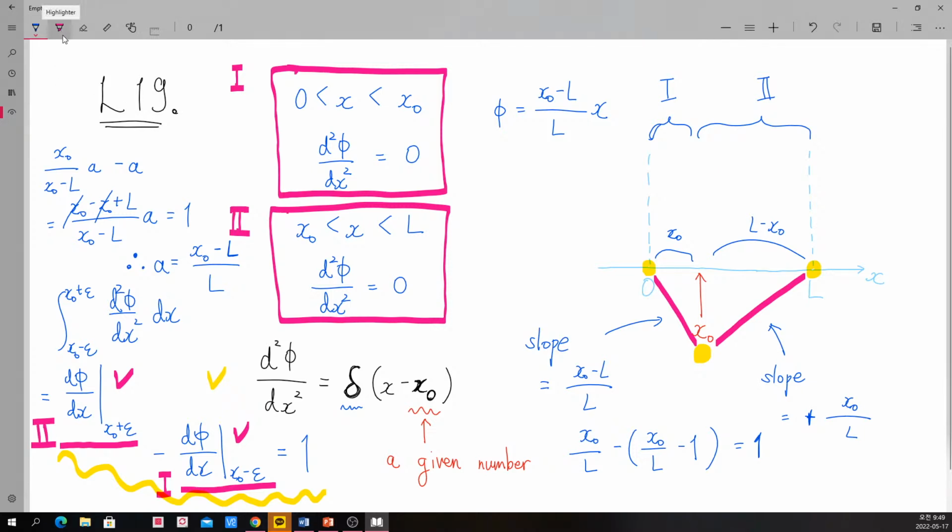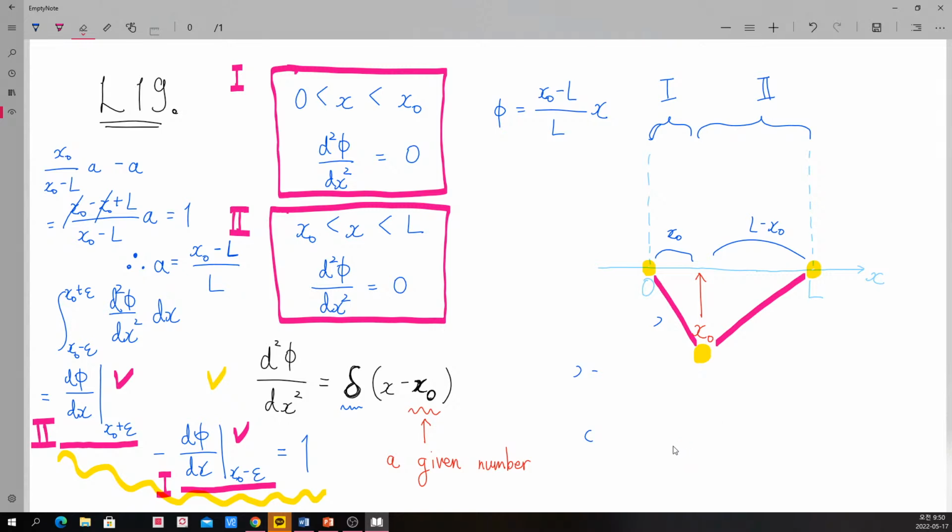Now let's compare two cases. You have introduced your Dirac delta source at the midpoint, so your x naught is just half of L. This is one case.